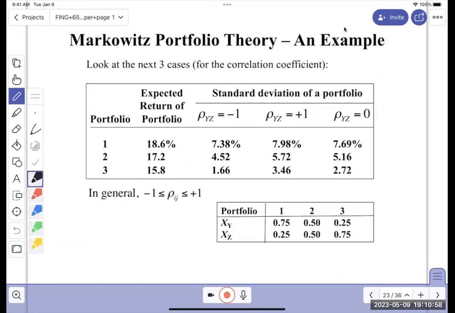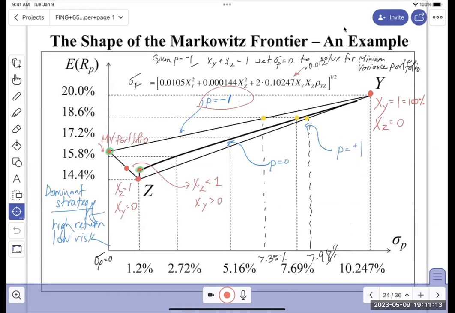Just to be clear, what I've done here is show you the limits of what's possible. Whatever assets you look at, one is low risk but low return, one is high risk and high return. Depending on the correlation, you'll get a range of possibilities.